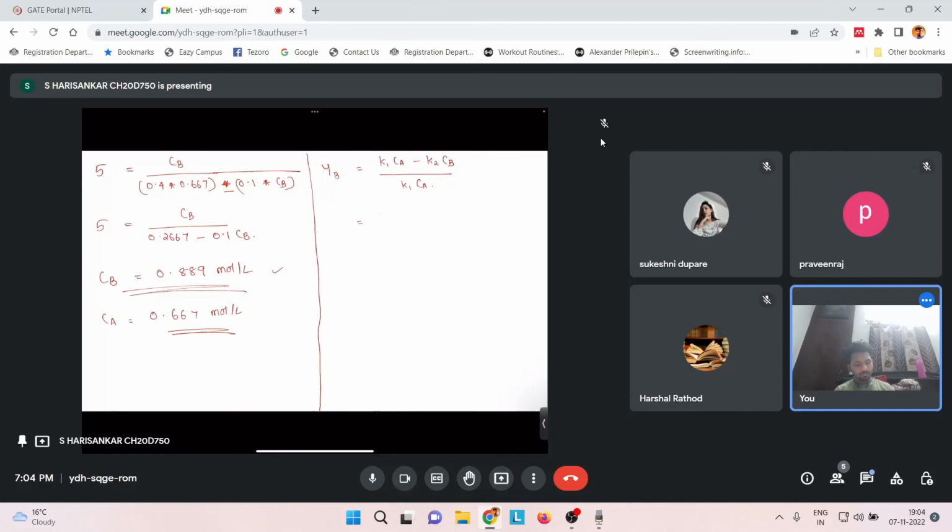It will be 0.4 into 0.667 minus 0.1 into 0.889 by K1, that is 0.4 into 0.667, and this is into 100. So if we solve this and do the mathematical operations, we will get the final yield as YB is equal to 66.67%.